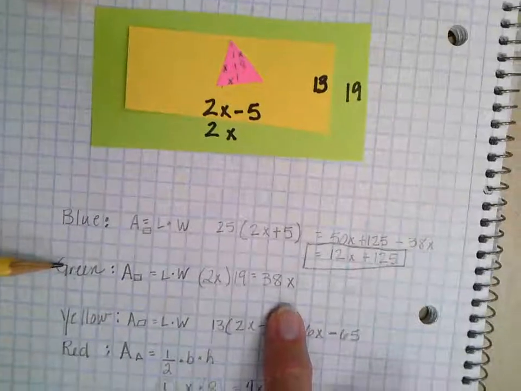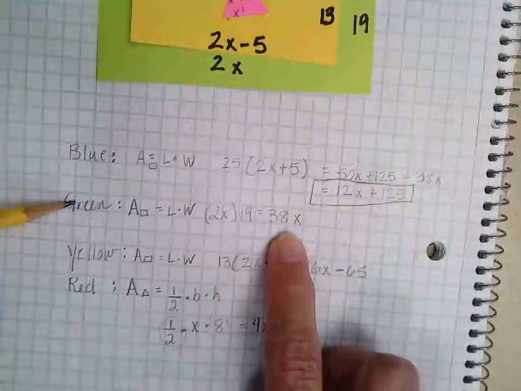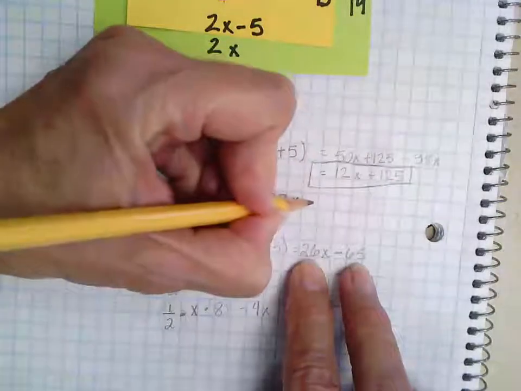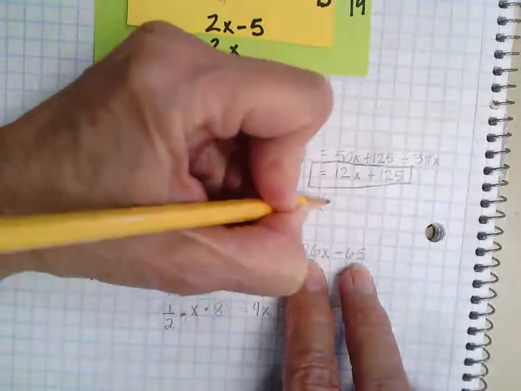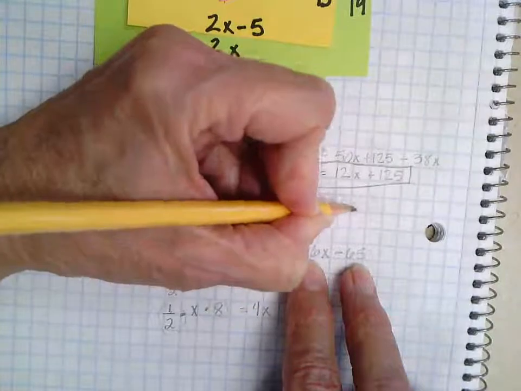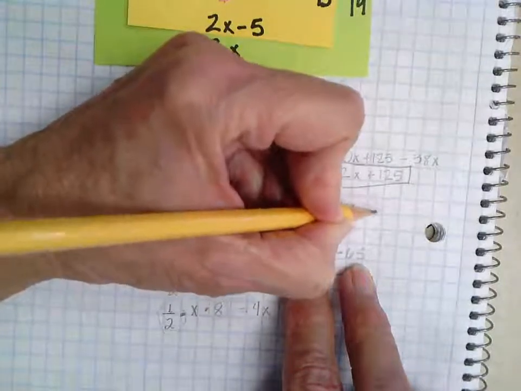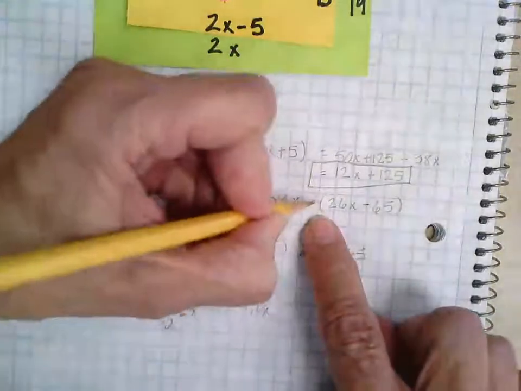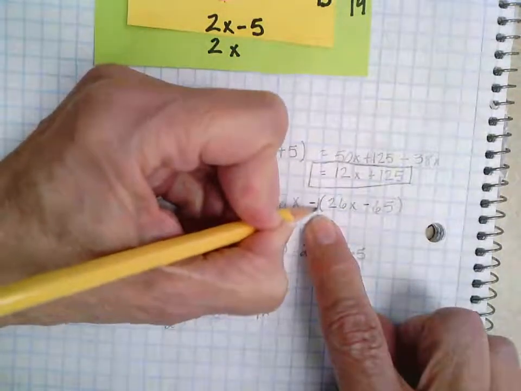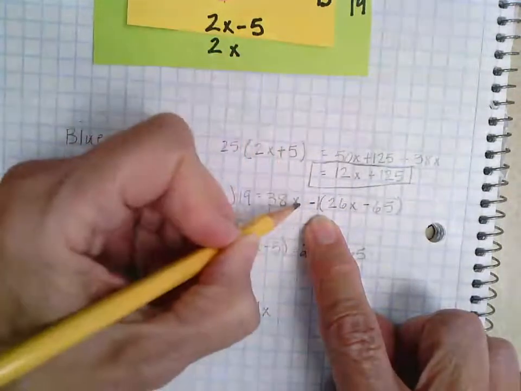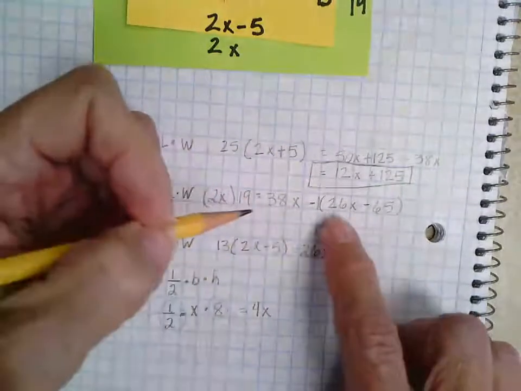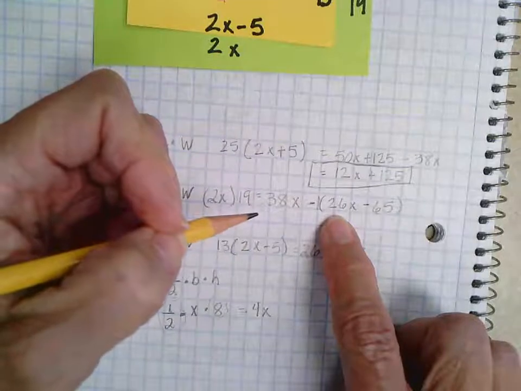So the area of my green is 38x, and I want to subtract from that 26x minus 65. Well, remember this is really a -1. So that's going to change the sign on everything inside of here.